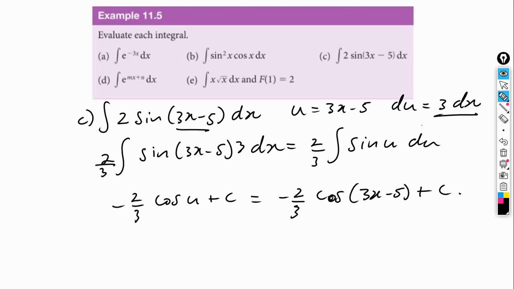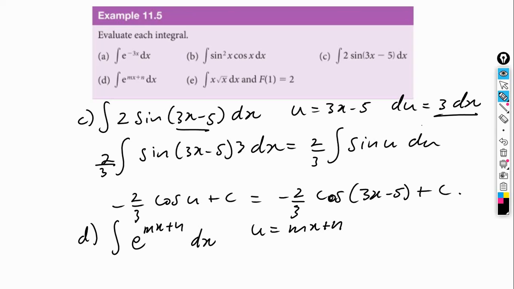D is basically a general rule for Euler's number. So notice that if you have the integral of e to the power of mx plus n dx, and you want to do u substitution, you're going to say, well, u is equal to mx plus n.